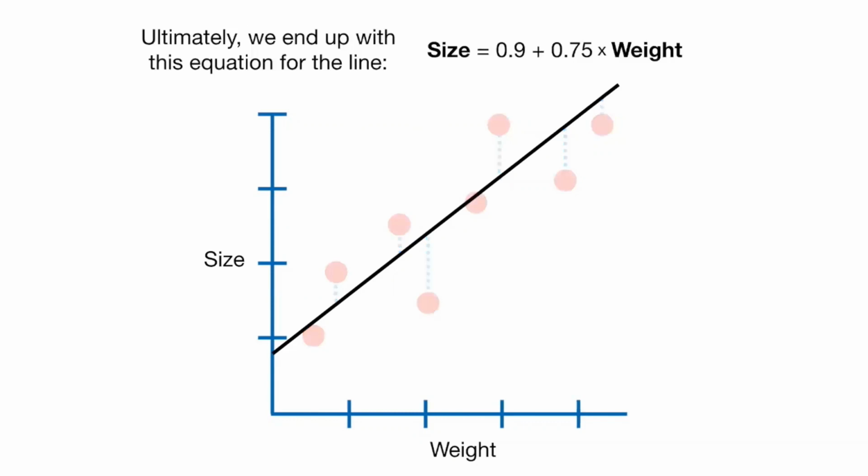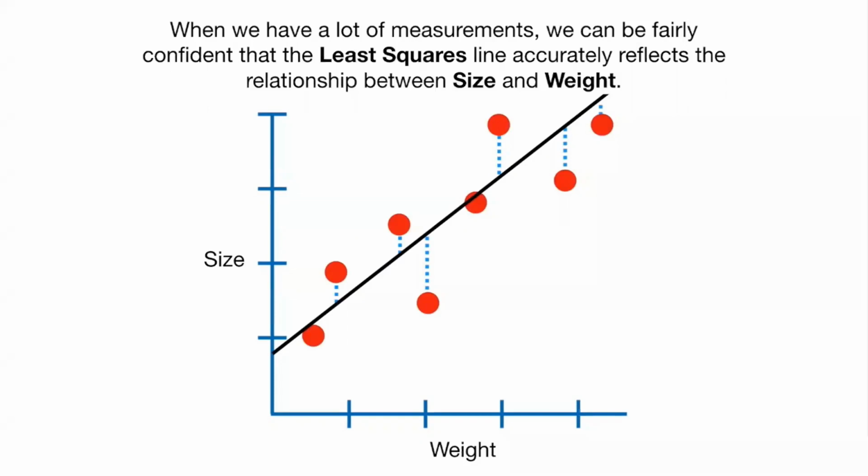If we take all the points into consideration, we will find a line which is 0.9 plus 0.75 times weight as the best line. Okay. Now, when we have a lot of measurements, we can be fairly confident that the least square line accurately reflects the relationship between size and weight.